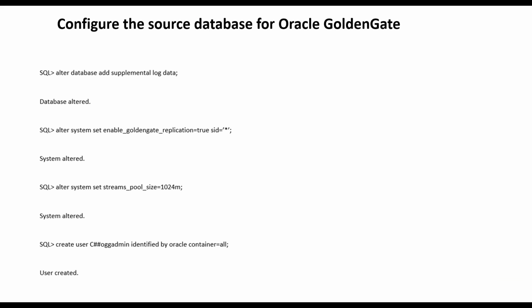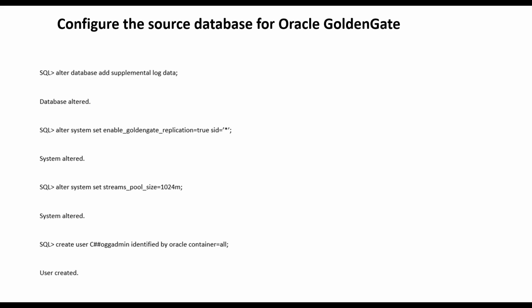We configure the source database first for GoldenGate. If you have used GoldenGate in the past, these commands must be pretty familiar. You just enable supplemental logging on the source. There's a parameter you have to set called enable_goldengate_replication; set that to true. We'll be using integrated extracts on the source, so we have to allocate an area of memory called the streams pool size, and we create a common user because this source is a container database.